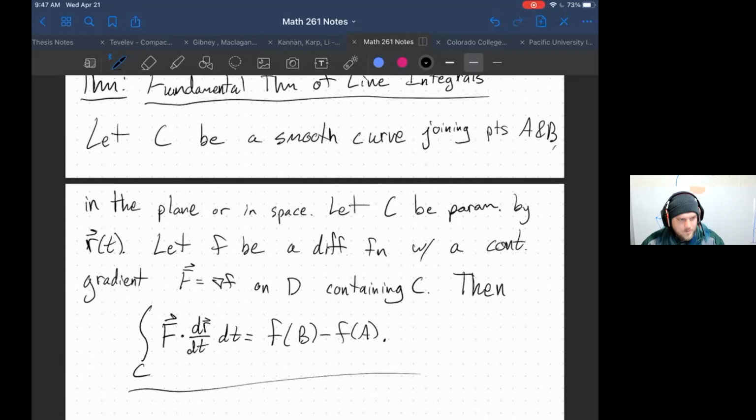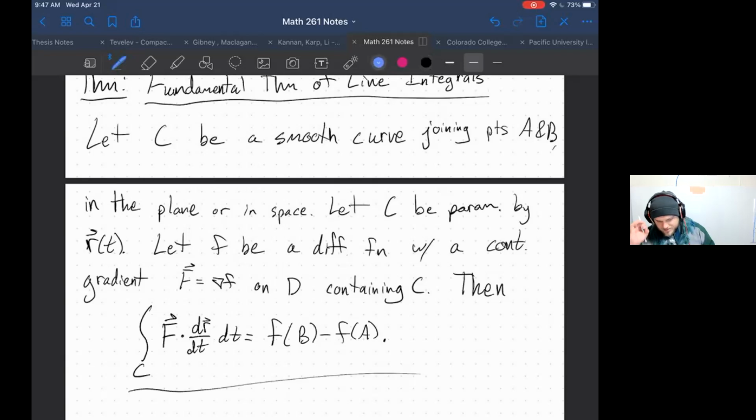So just like part 1 of the fundamental theorem of calculus, instead of actually integrating this function, if you're given this little f, you can just write out the difference between the endpoints.